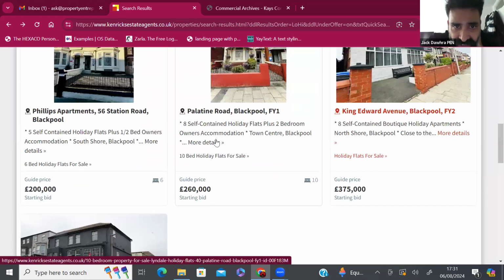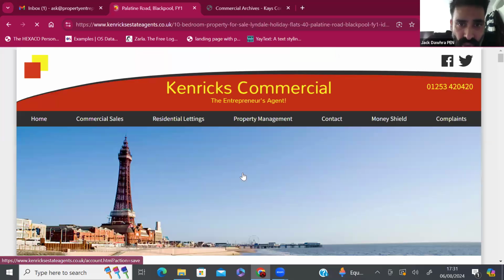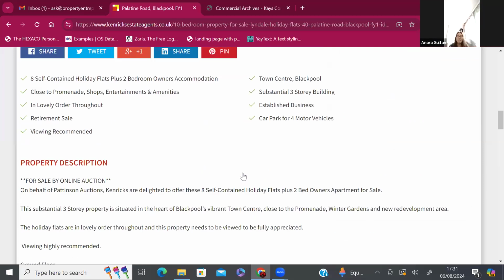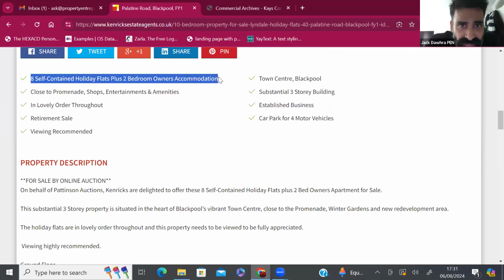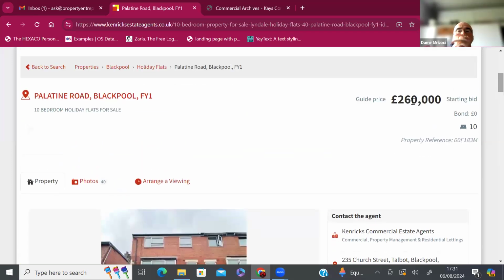This is 8 self-contained flats at 260. In fact, this one is 8 self-contained flats plus 2 owners' accommodation. So in essence, it's 10 units up for grabs for 260.